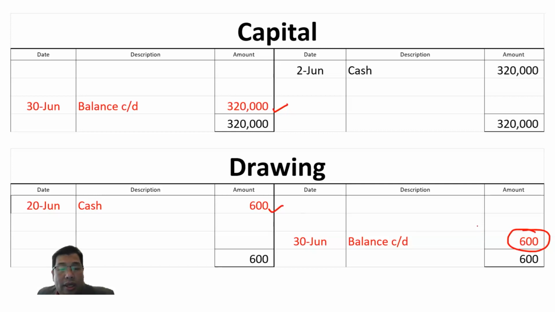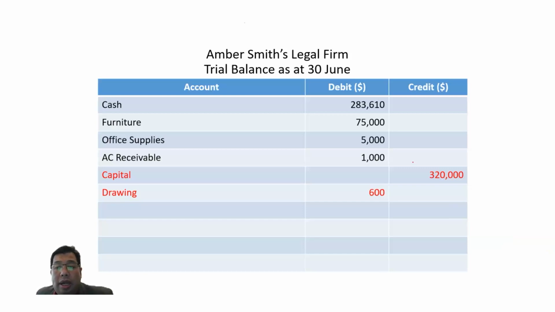Drawing will reduce your capital. Capital is on the credit side. Drawing is the contra account for capital, so you're going to minus that one. That's why it's on the opposite side, that is debit. So capital 320,000, drawing is 600.